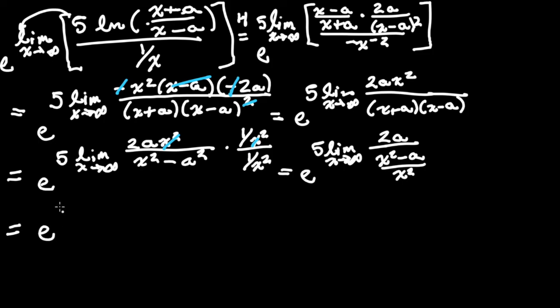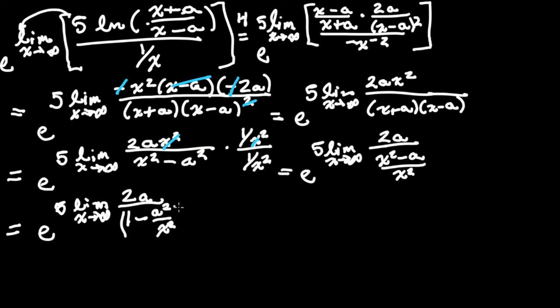So we can then write this is equal to e 5, the limit as x goes to infinity, and then 2a, and then at the bottom here, we're actually going to be able to rearrange this into 1 minus a squared over x squared.